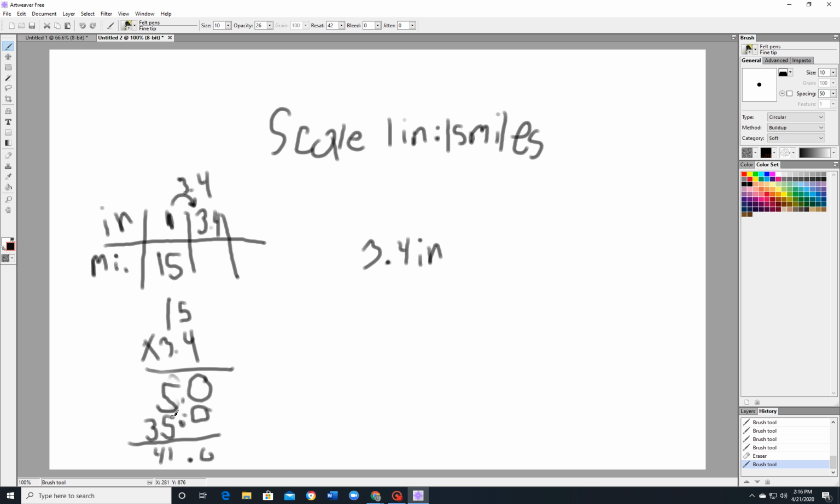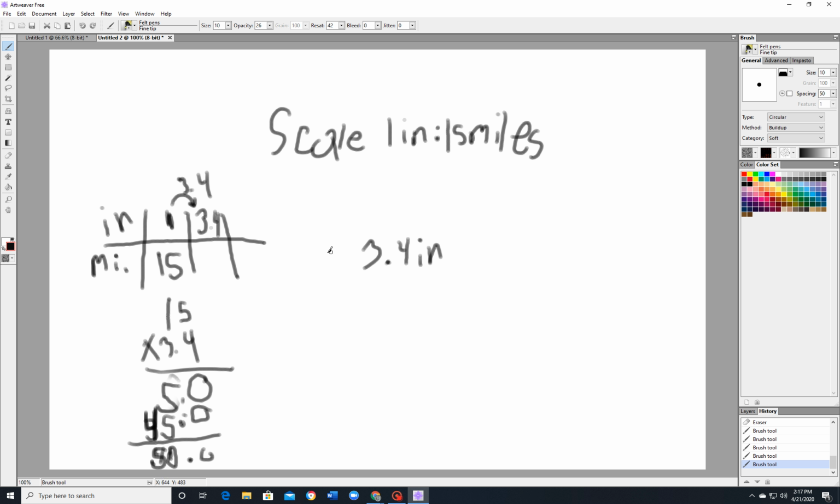Then you carry the 0, and then 3 times 5 equals 15, put down the 5, then carry the 1. 1 times 3 would equal 3, plus 1 would equal 4. And then you add, and this here would actually be a 0, and here a 5. And then it would equal 50.